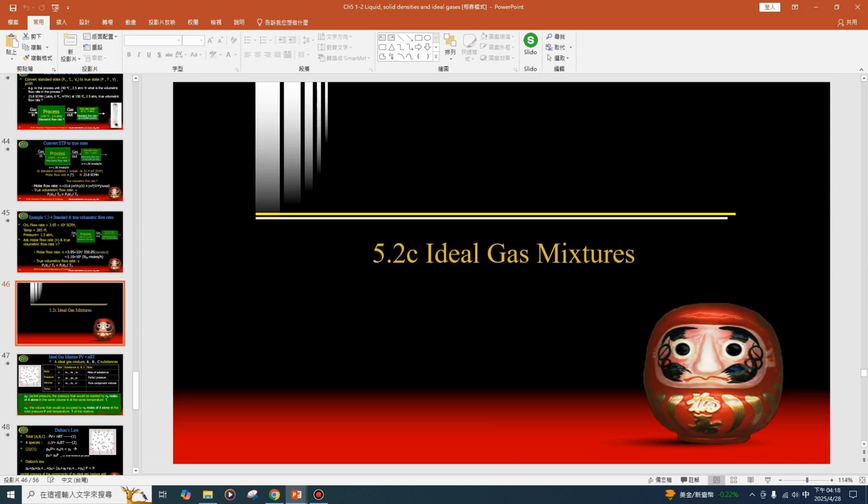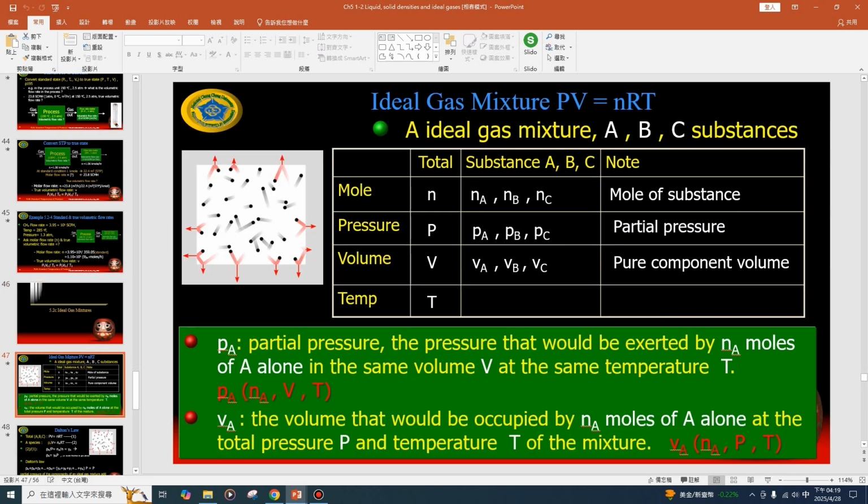After that, because what we just discussed only dealt with a single type of gas, for example nitrogen or oxygen, in section 5.2c we talked about ideal gas mixtures, for example a mixture of argon and nitrogen. How do you handle PV = nRT with different species?